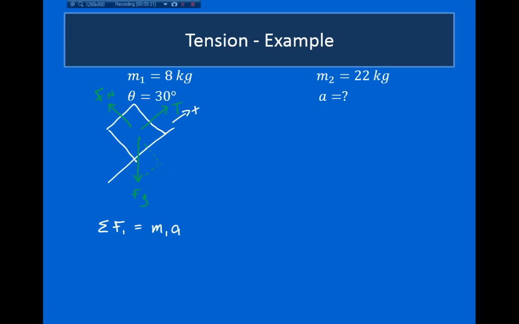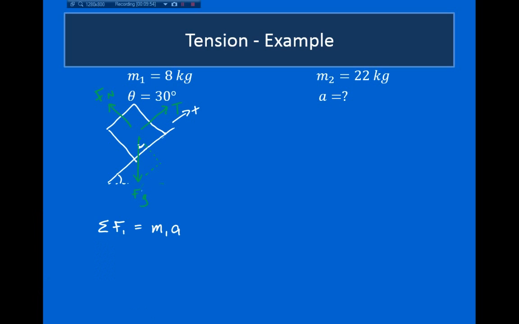And this is going to be mg sine of theta, right? Remember that this angle here, theta, is equal to this angle here. And this side of the triangle is opposite the angle theta, so the component of gravity that opposes the motion of the box up the ramp is mg sine theta.